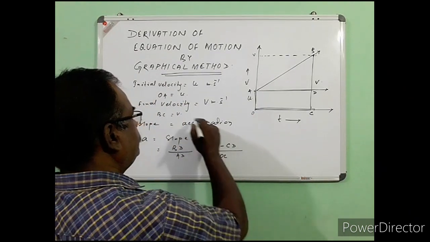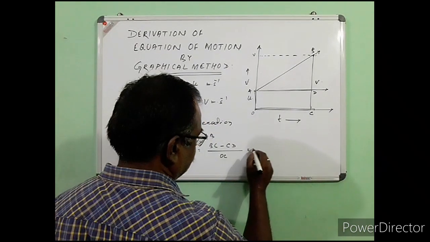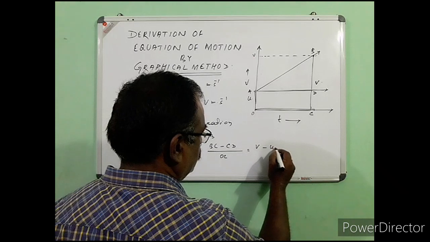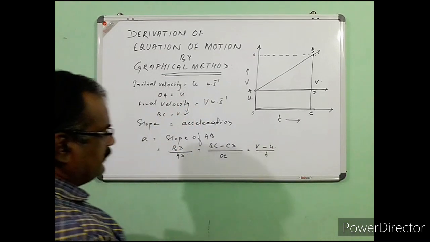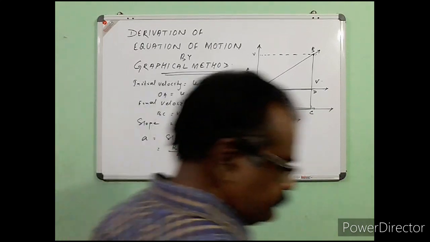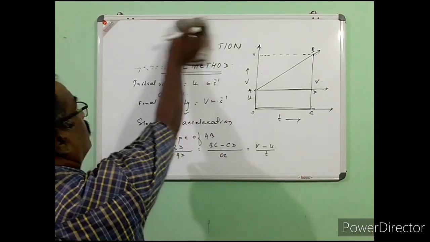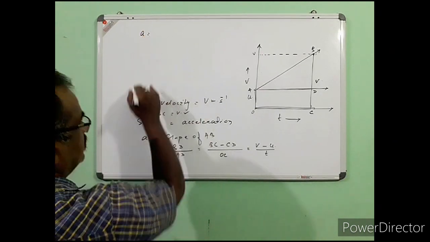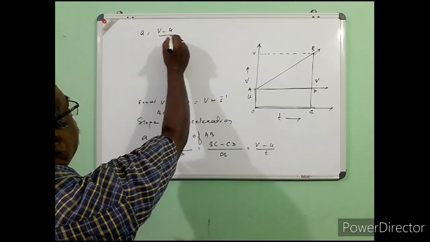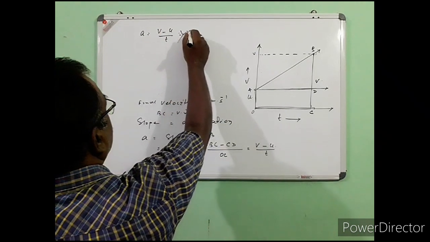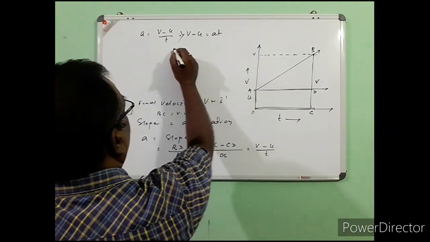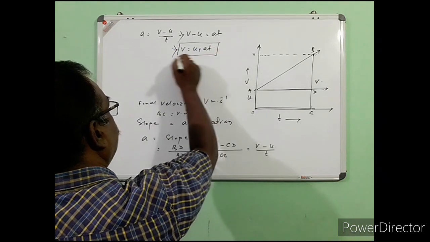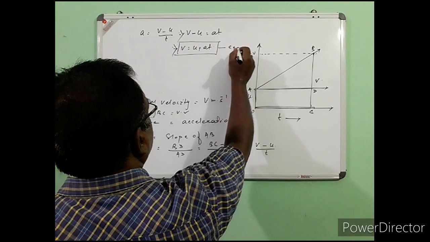As BC is v, we get v minus CD, which is u, divided by t. Therefore acceleration a is equal to (v minus u) by t, or v minus u equals at, or v equals u plus at, which is your first equation of motion.